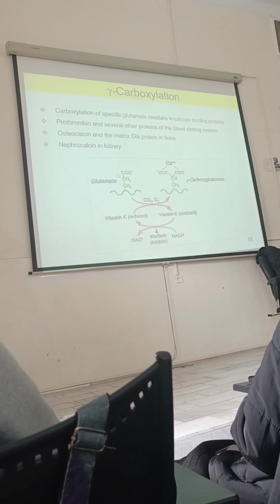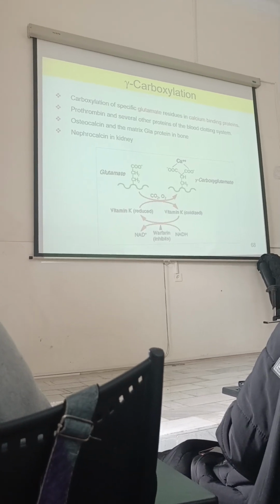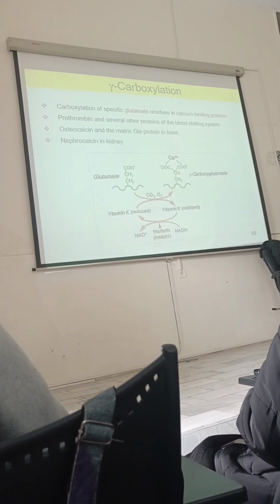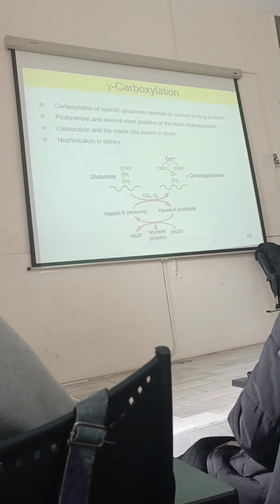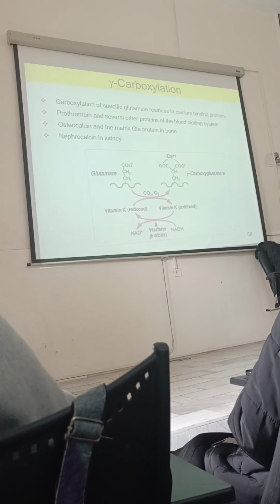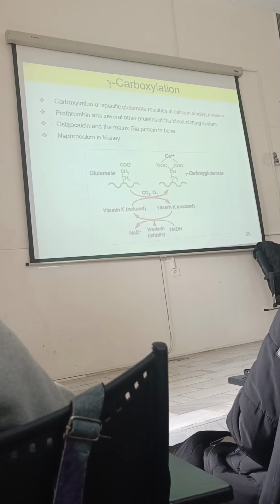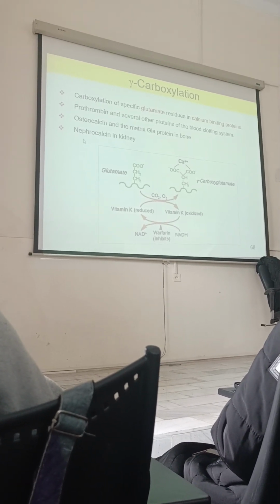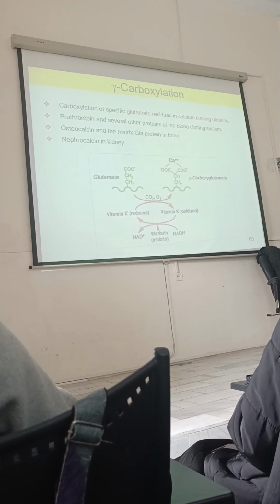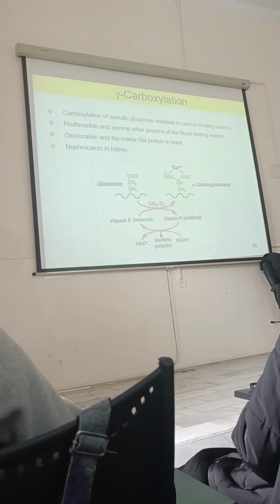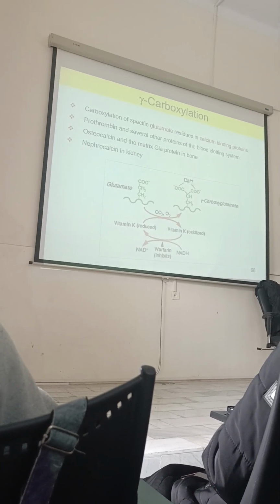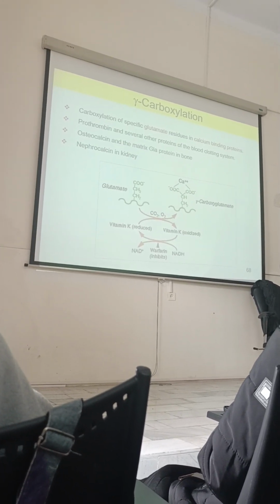Because we should provide a negative background to facilitate the binding of the positively charged calcium. So for any molecule, like prothrombin, osteocalcin and nephrocalcin, because they require calcium, it's better to add one negative charge to facilitate the bond between this positive and this negative charge.